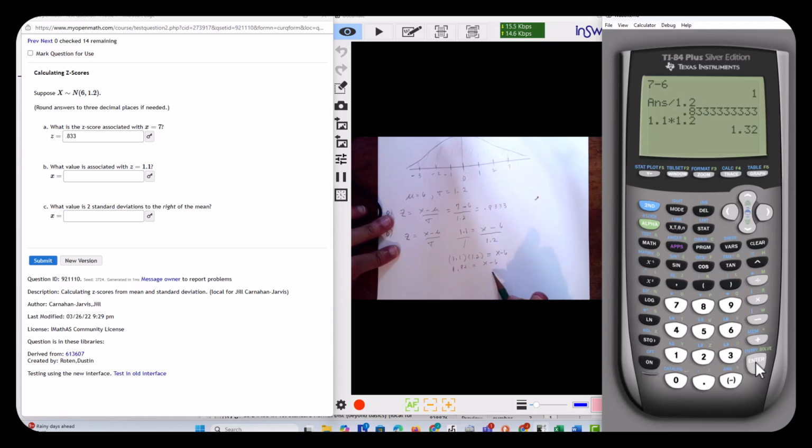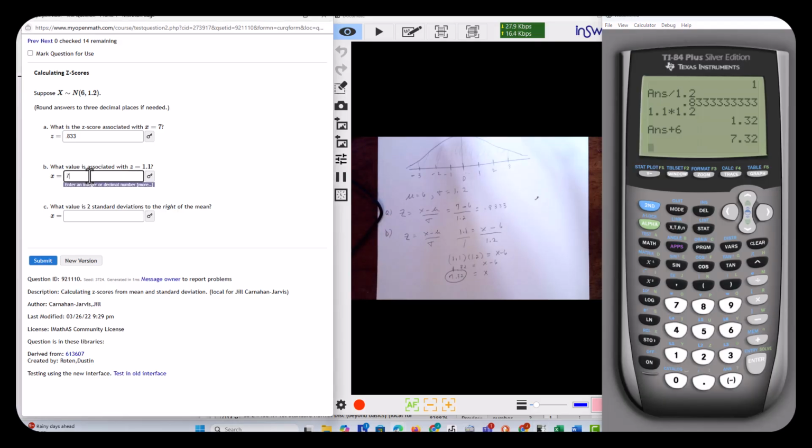And we know from algebra we just add 6 to both sides, and that's going to be equal to 7.32. Now notice it's asking for 3 decimal places, and we actually come out to 7.32. And I think we have figured out in the other examples that my Alpha Math is not making you pad these numbers.